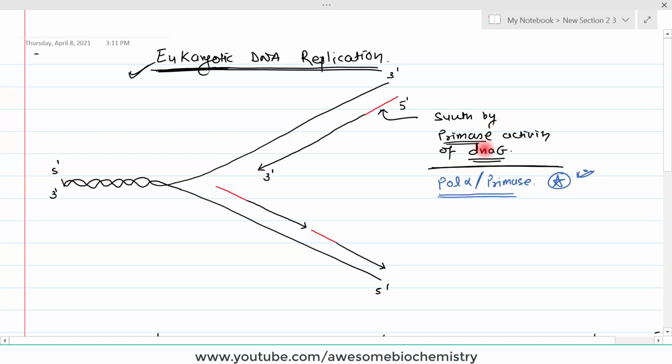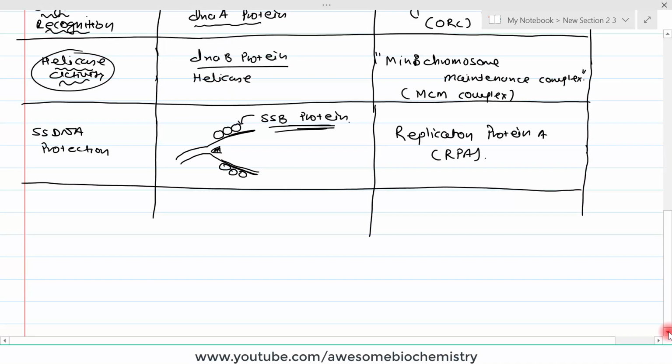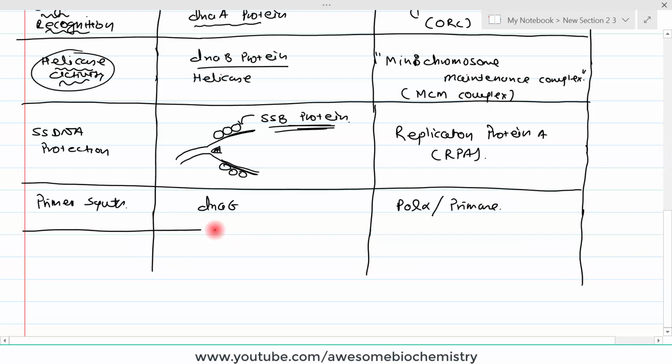Right now you can just remember that in case of prokaryotes, this RNA primer is synthesized by DnaG, whereas in case of eukaryotes, it is synthesized by the primase activity of one of the subunits of polymerase alpha. Let's write it down in the table also. The primer synthesis is by the DnaG protein in case of prokaryotes, whereas it is by pol alpha, or you can say DNA polymerase alpha oblique primase enzyme. This synthesizes the primer.